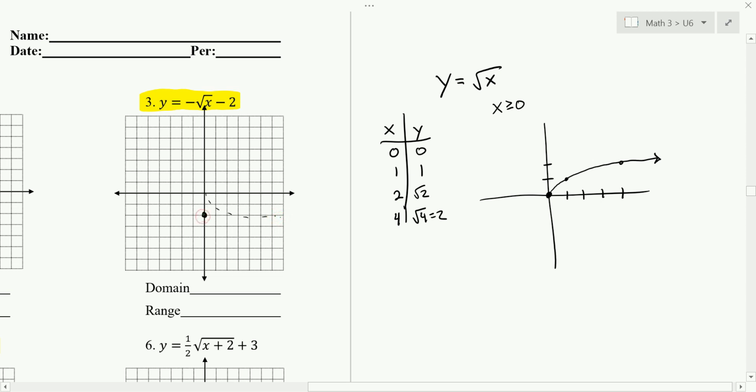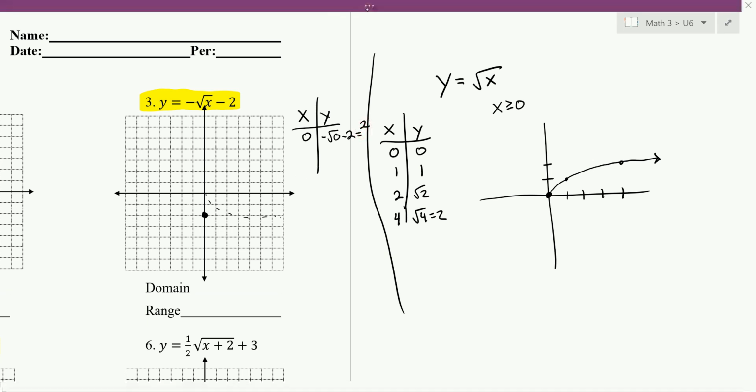So that point at 0, 0 has been moved down 2, and we can get a couple extra points by making a table of values here. So 0, we could just check here. If I plug in 0, I get negative square root of 0 minus 2, which is negative 2. And that's what I had here.